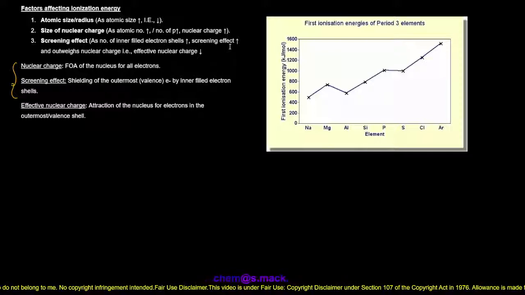As screening effect increases, it will outweigh nuclear charge, meaning that it is going to decrease the attraction of the nucleus for the electrons in the outermost shell. Put simply, this means effective nuclear charge should decrease. Remember, effective nuclear charge is the attraction of the nucleus for the electrons in the outermost or valence shell.